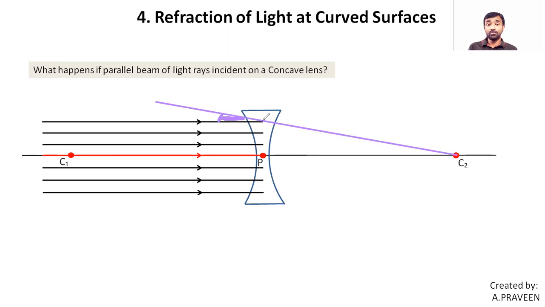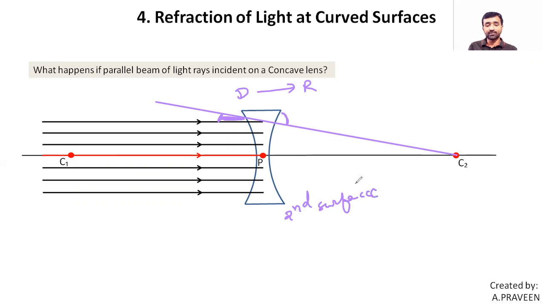Opposite side, that is above here. So here you are going to expect the angle of refraction to be more than the angle of incidence, because the light goes from denser to rarer. Here you can imagine that the light rays are coming from the lens only. So refraction is expected only at the second surface.